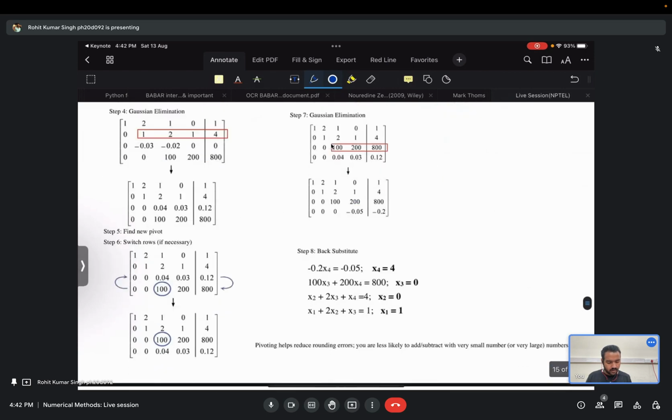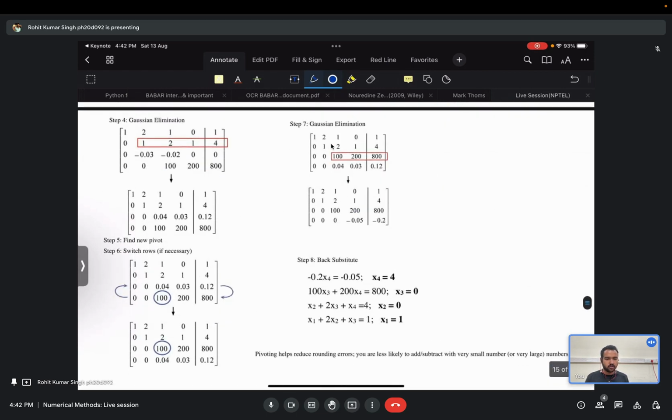Okay, but there is one more reason we use the partial pivoting, which is that pivoting helps reduce the rounding errors. Because when you do the row exchange and you exchange the larger element with the smaller element, and when you do this Gaussian elimination step, you are less likely to add or subtract very large or small numbers.